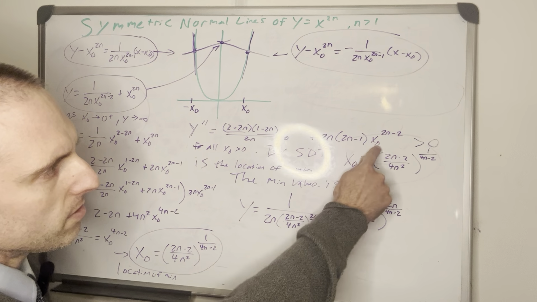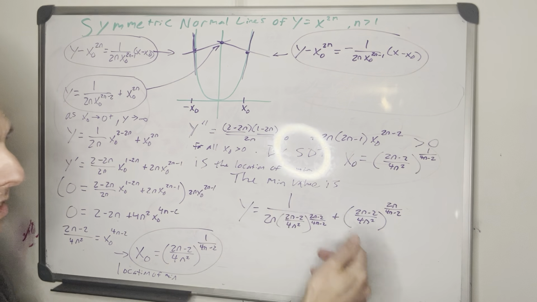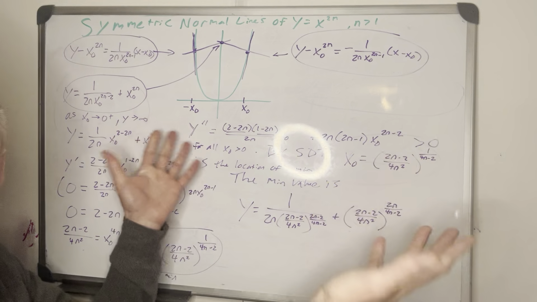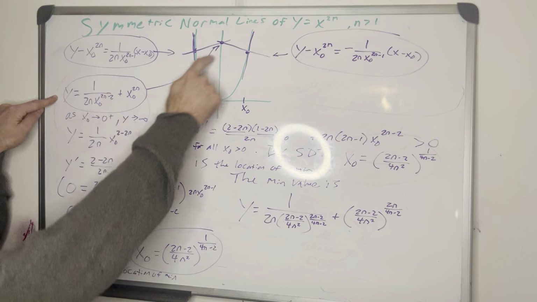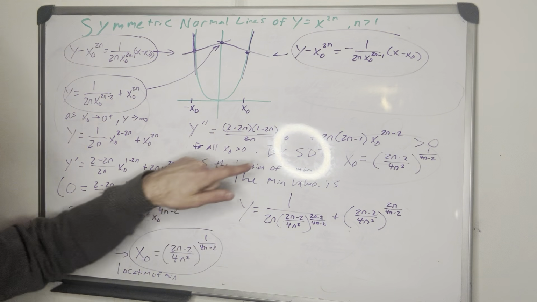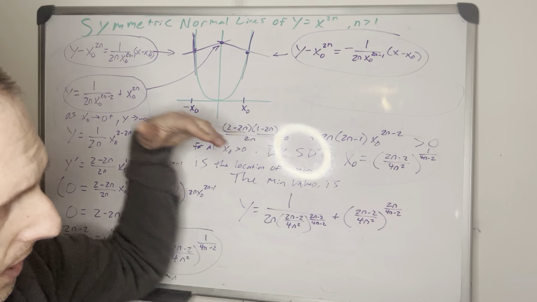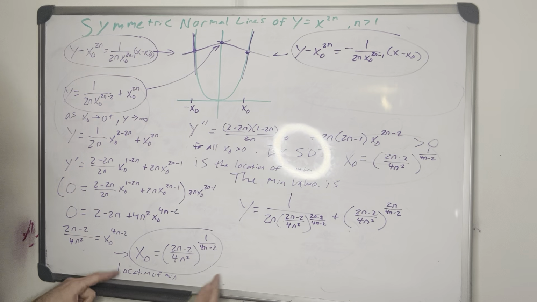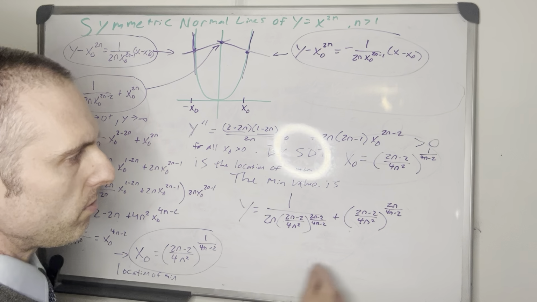These two are positive, that's positive, so the whole thing is positive as long as x0 is positive. So it's always going to be concave up. That's the curve y, which defines this intersection point. It's always concave up, and so that means this critical point has got to be a minimum. The location of this critical point is a minimum value, and the minimum value is given by this formula.